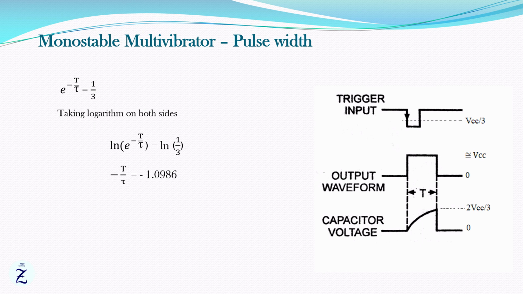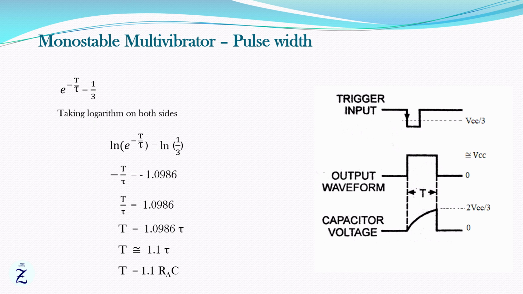Again, the negative sign will be cancelled from both sides, hence it becomes capital T divided by tau is equal to 1.0986. Take this tau towards RHS, then the equation becomes capital T is equal to 1.0986 tau, or we can write T is equal to 1.0986 into Ra into C. So the duration of pulse or pulse width is equal to 1.1 into Ra into C.